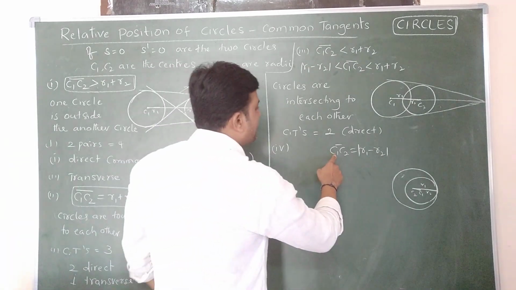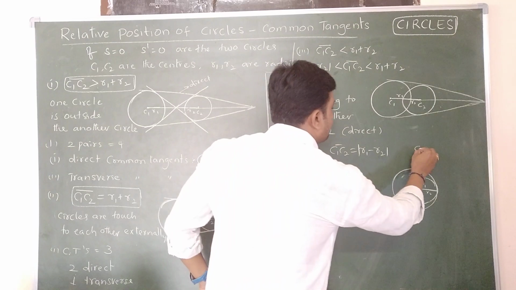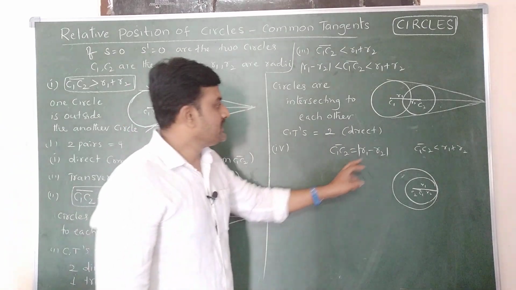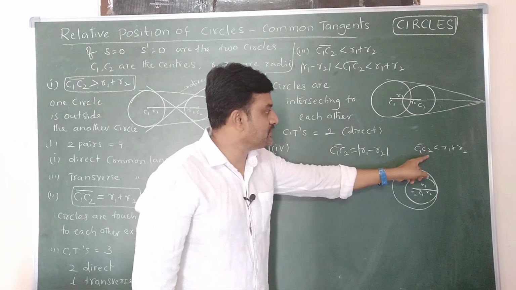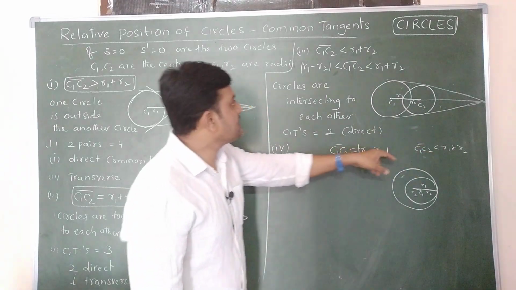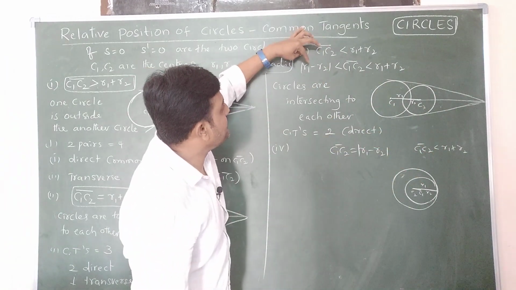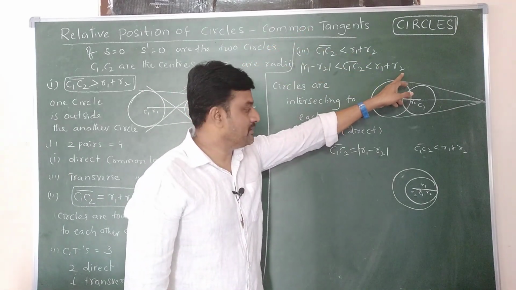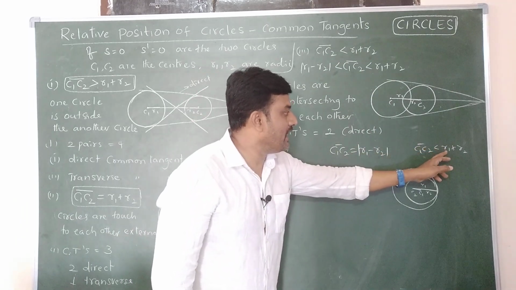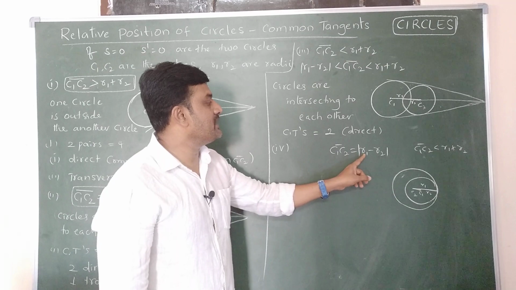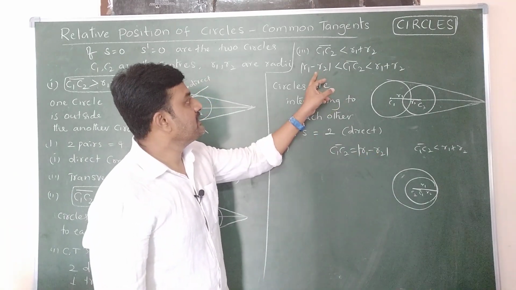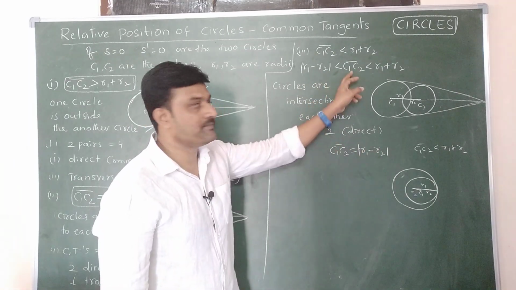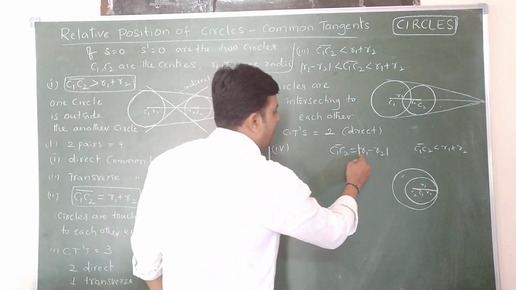Here also C1C2 is less than R1 plus R2. In the third case it is more than the difference of R1 and R2 and below R1 plus R2, but here it equals R1 minus R2, that is the difference between them.